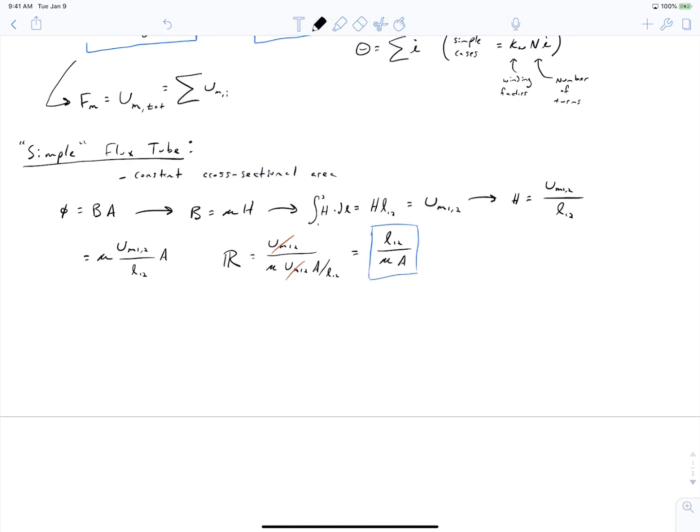Now let's go through a couple more definitions of terms as housekeeping items. So we've talked about reluctance. We can also talk about permeance. And permeance is equal to 1 over reluctance. And this is analogous to conductance.